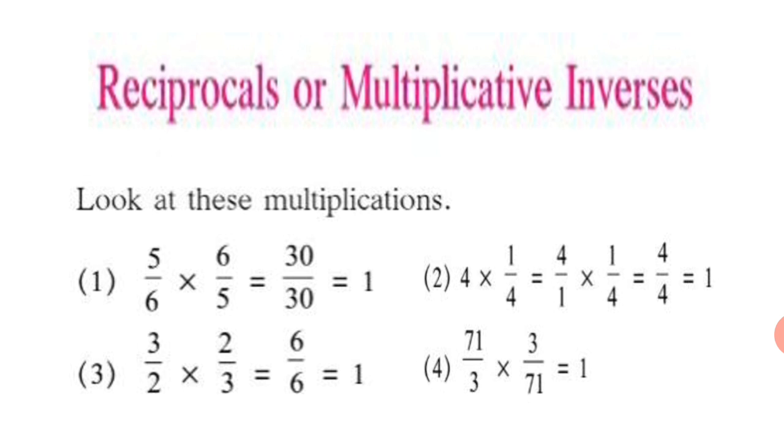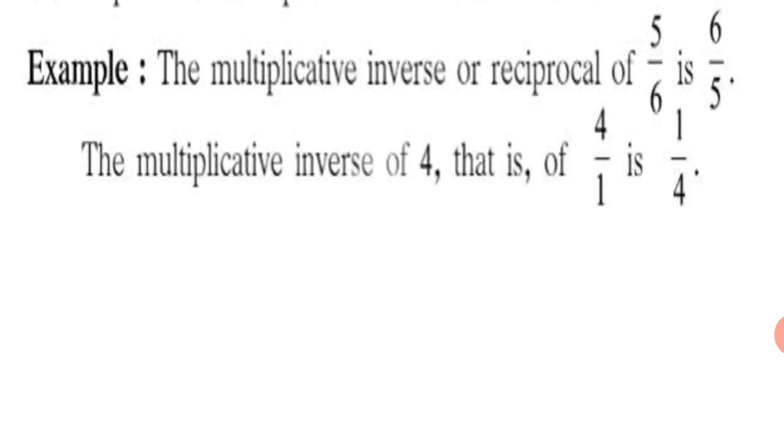So here we can say that the multiplicative inverse or reciprocal of 5 upon 6 is 6 upon 5. The numerator becomes denominator and denominator becomes numerator.